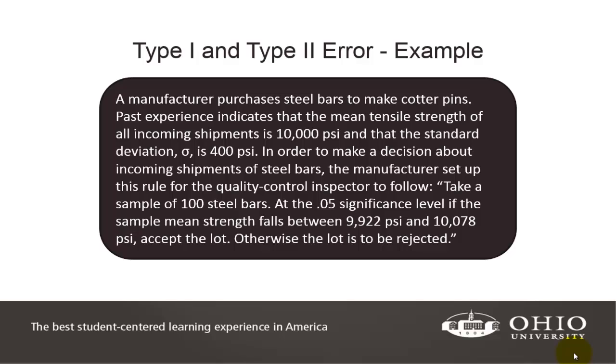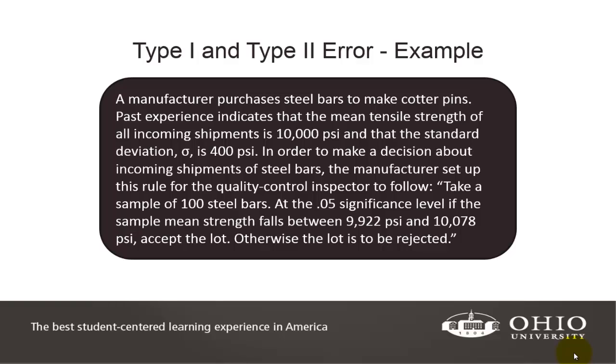We decided in this hypothesis test to use a level of significance of 5%, which, if you recall, means that if the mean tensile strength is really 10,000, we want the chance of incorrectly saying that it's not 10,000 to be 5% or less.